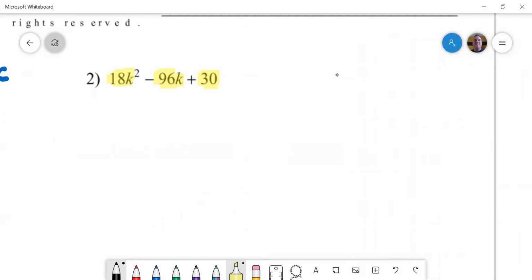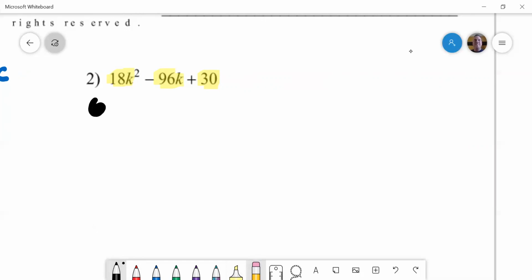It could be 6 as well. I should have a calculator handy. Let me check here. 18 divided by 6 is 3. 96 divided by 6 is 16. And 30 divided by 6 is 5. So yeah, 6 is our GCF, not 6k, because our last term doesn't have a k. So we're going to factor out a 6.